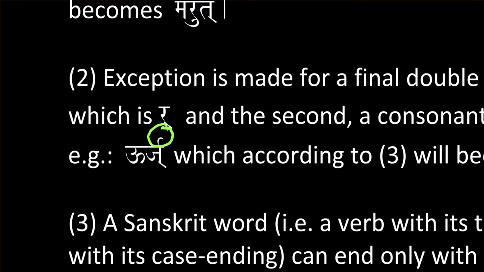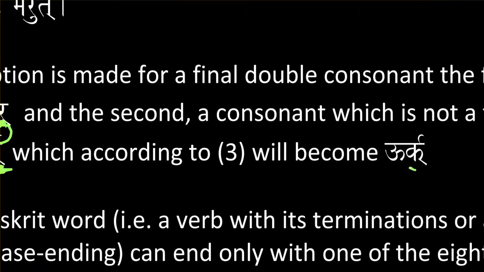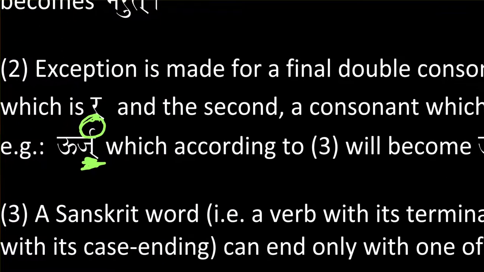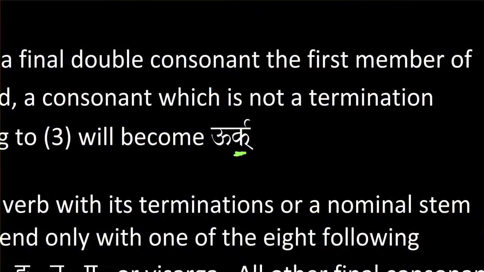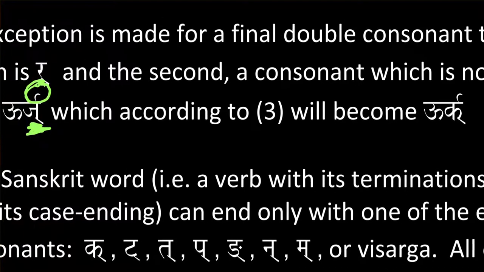That is the first member, and that's the exception: this doesn't have to change except the last consonant. There's a rule in which this consonant ja in urj is going to become urk, and you're going to see why in the next rule. Even though you're ending up with urk, you still end up with the ra and the ka. We're going to look at why it was reduced to ka in the first place.